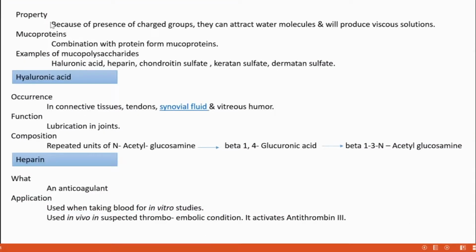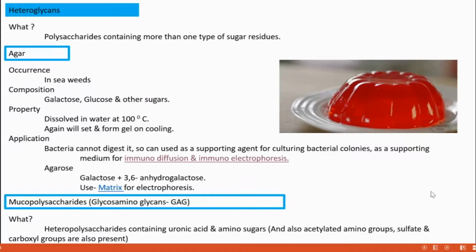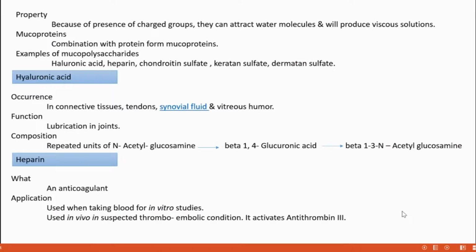What's the property? Because of the presence of so many charged groups like this, they can attract water molecules and produce a viscous, thick solution. Mucoproteins: what are mucoproteins?